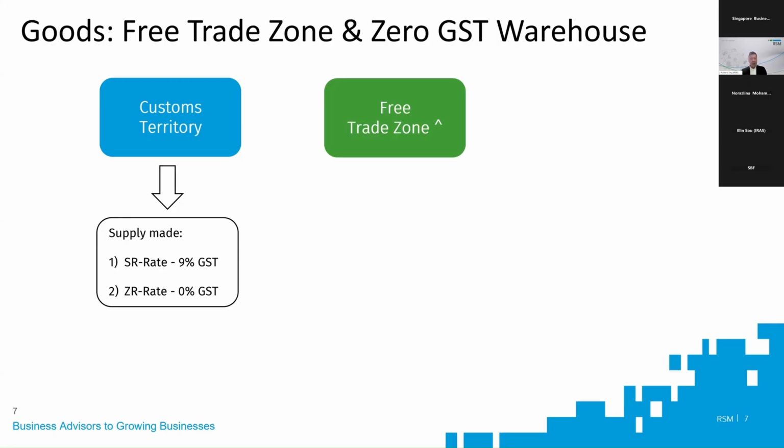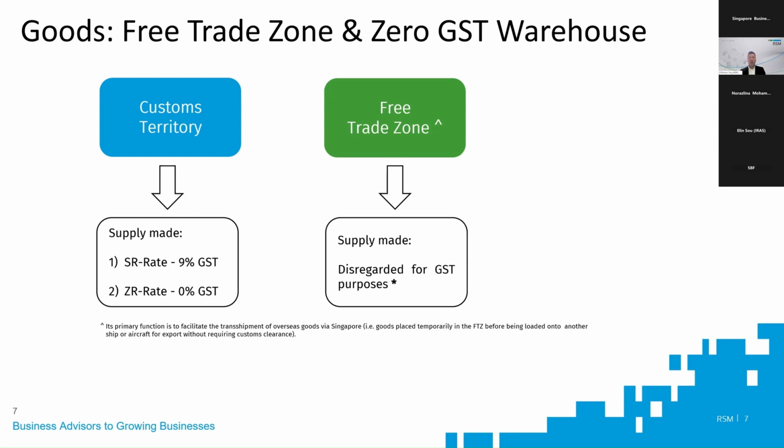What is perhaps not so clear to some of the participants and clients that we spoke to is that for free trade zone, generally, this applies to overseas goods that are imported into free trade zone where import GST is suspended. If that supply of overseas goods occurs within free trade zone, it is disregarded for GST purposes.